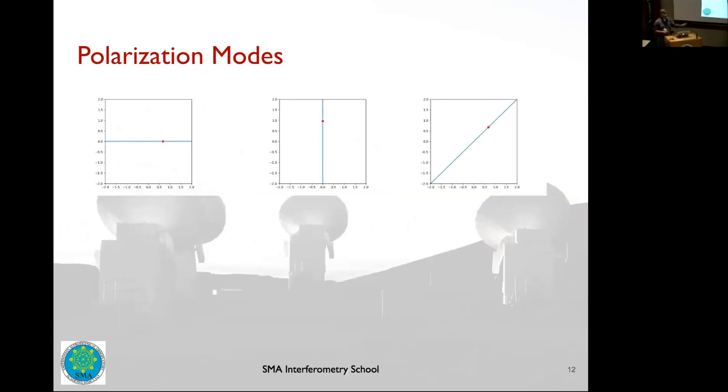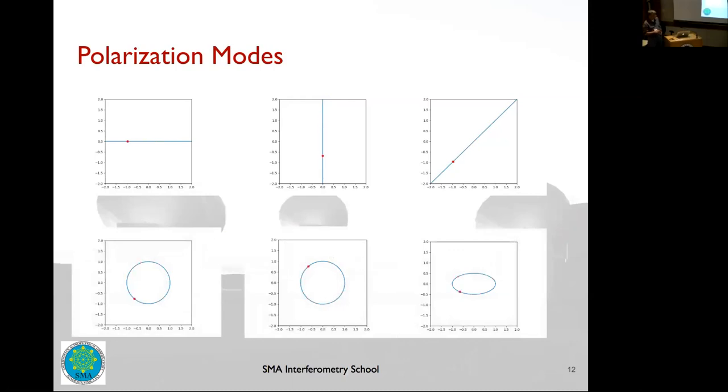That is linear polarization, but you also have circular polarization, which can happen when you combine two linear polarizations with a delay. If both linear polarizations are equal in amplitude and there's a delay of 90 degrees, you get circular polarization. If you look at the tip of the electric field vector, it traces a circle. One is left circular and the other is right circular. It depends on your convention, on whether you're looking at the telescope or at the sky.